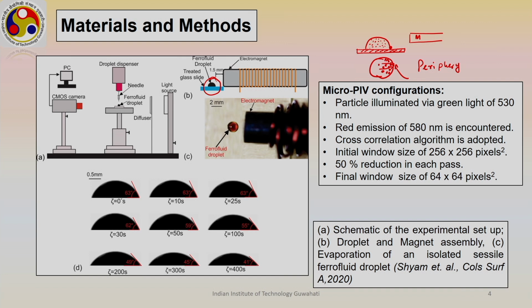To ensure that, ultimately we will be measuring the flow velocity. While particles are moving towards the magnet, we will have a few fluorescent particles, that is what I was telling.